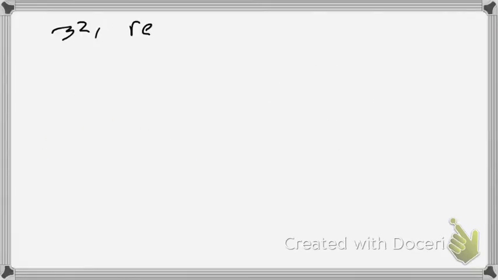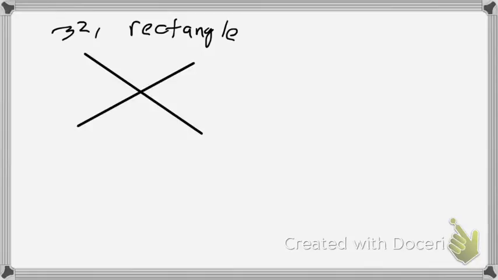And finally, rectangle. Rectangles have congruent diagonals, which means that because it's a parallelogram, the diagonals bisect each other. So if we have a rectangle and the diagonals are congruent, then when they cut each other in half, we have 4 equal pieces.